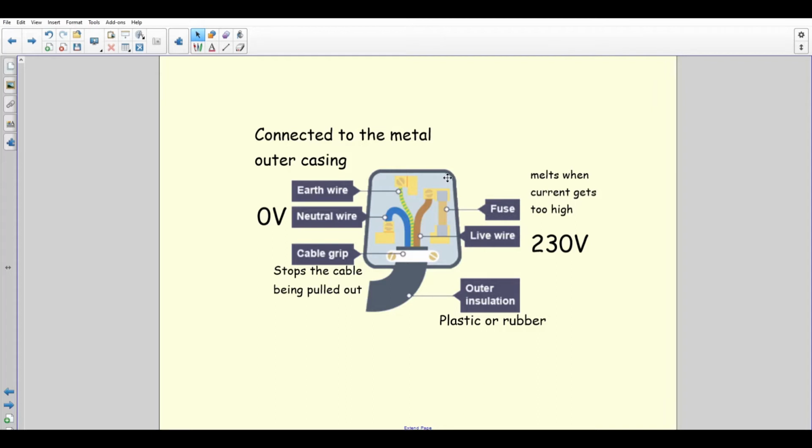So we've broken your live wire, and the current, instead of going through the casing, goes through your earth wire, which means it's a very low resistance and high current. And the high current causes your fuse to melt, which switches it off for good, stops everything from breaking, and stops anyone from getting hurt. Okay, so two safety features working in tandem, working together to prevent people from getting hurt.